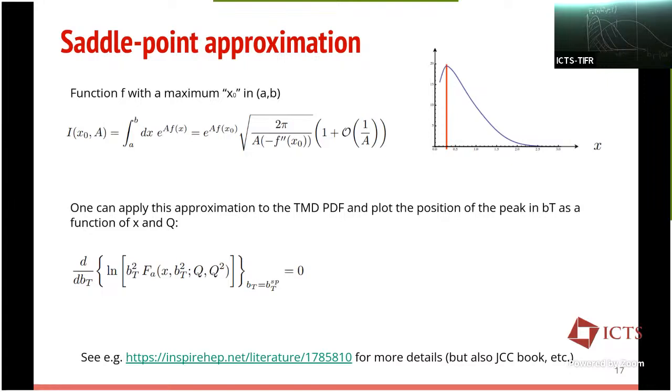This bT,SP means bT saddle point, in order to understand how the bT saddle point changes as a function of the kinematics. The idea is that we want to see how the peak of this distribution shifts in bT space as a function of the kinematics of your experiment. Let's try to do it at the board.